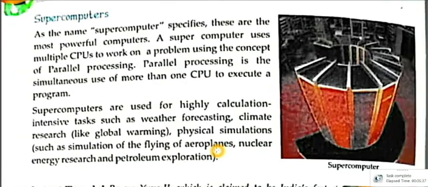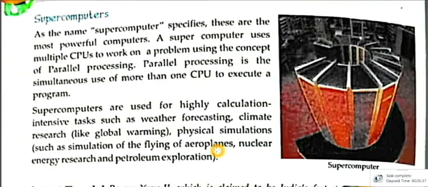Now next, supercomputers. As the name communicates, supercomputers are the most powerful computers. A supercomputer uses multiple CPUs to work on a problem using the concept of parallel processing.